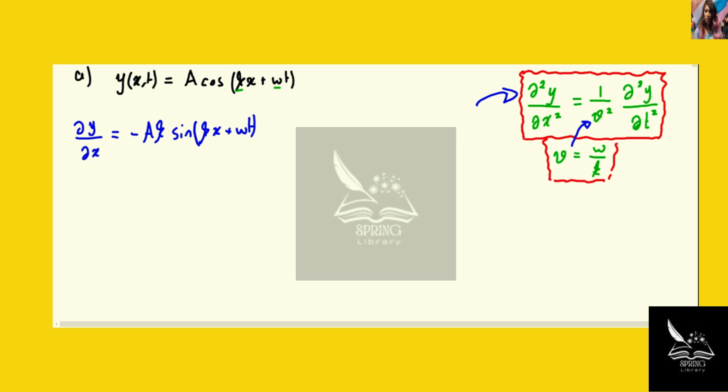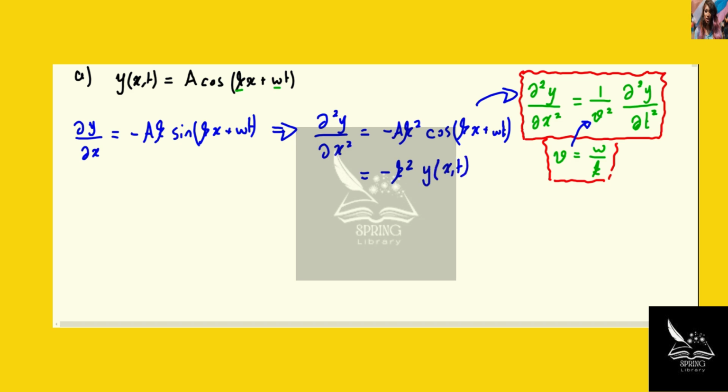Here we use the chain rule, and from this, if we derive this again, we'll get the second spatial derivative, and it is equal to minus a k squared multiplied by cosine(kx plus omega t), which is equal to minus k squared y of x and t, which is the original wave function.